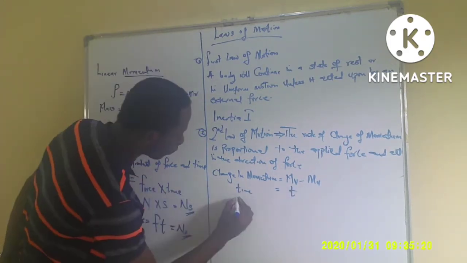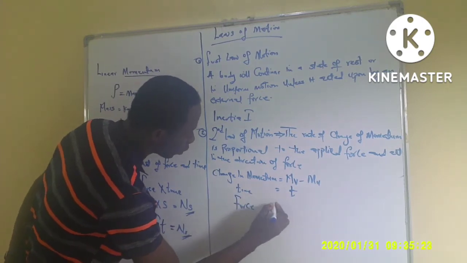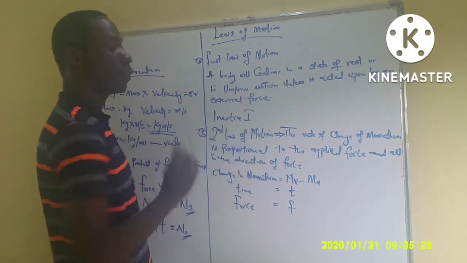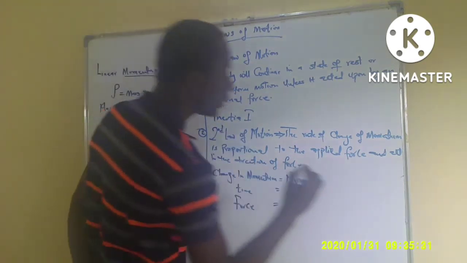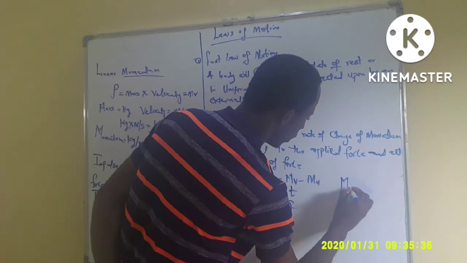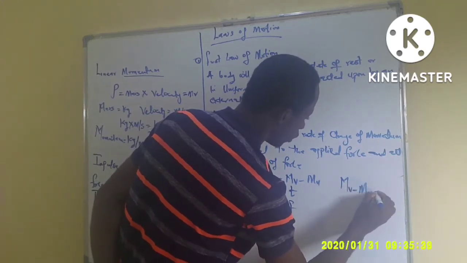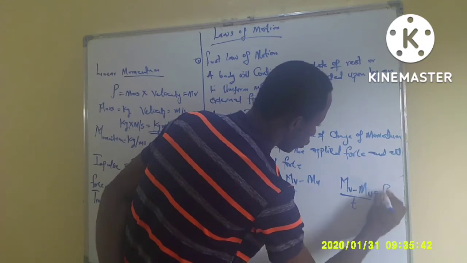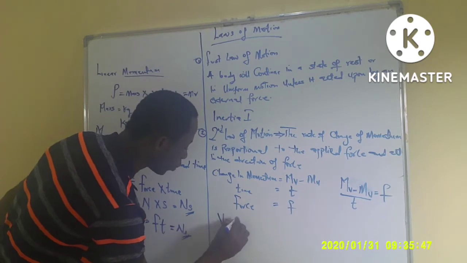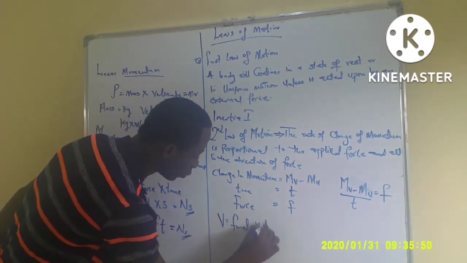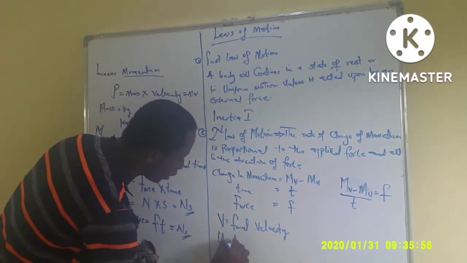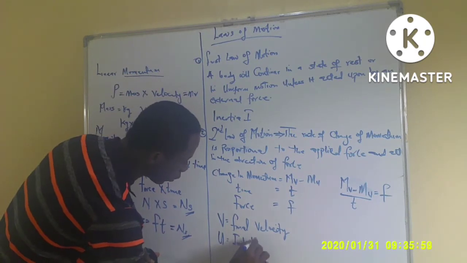Then the applied force is equal to F. So to actualize the definition, the rate of change of momentum, mv minus mu all over t, is equal to F. Now, what is v? v is equal to the final velocity. u is equal to the initial velocity.